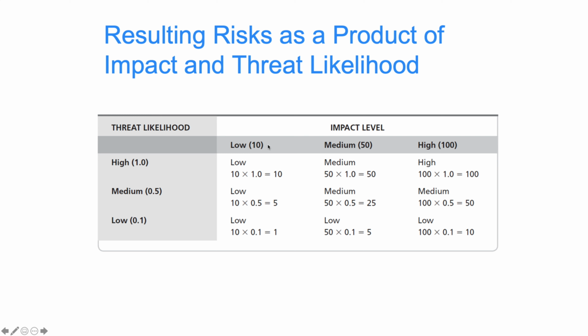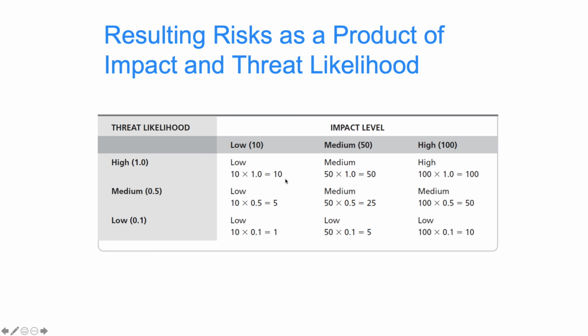So a low impact would be maybe a 10, a medium impact would be a 50, and a high impact would be 100. Remember, we're borrowing these from risk frameworks. So this risk matrix comes from, like I said, a NIST document.